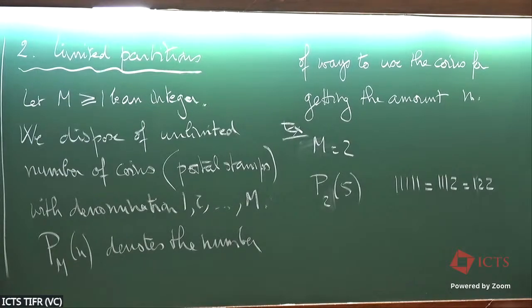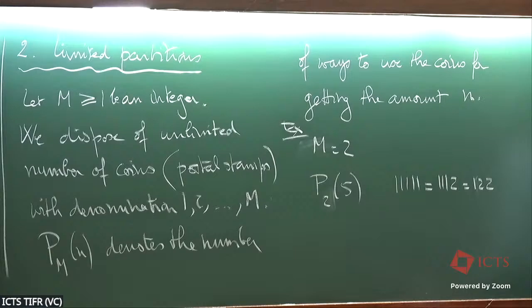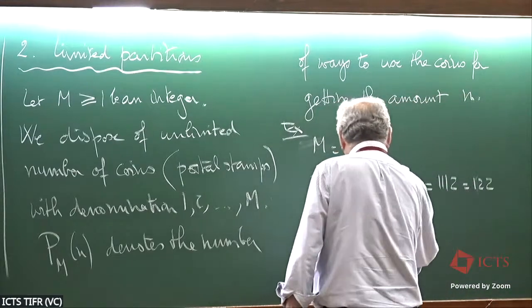We are not counting, for example, exchanging the order and taking 2, 1, 1, 1. This will be the same. You can always write them in non-decreasing order. So this is 3. Fine.